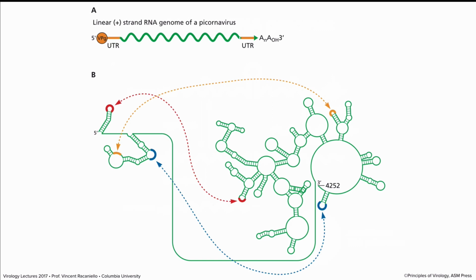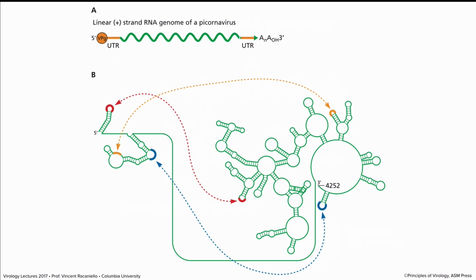So for example, this red portion at the left here is known to base pair with this red portion far downstream. And the two purple portions are known to interact as well. The orange portions interact. So think of RNA not as a line, but as a ball all wrapped up with all this kind of secondary and tertiary structure.